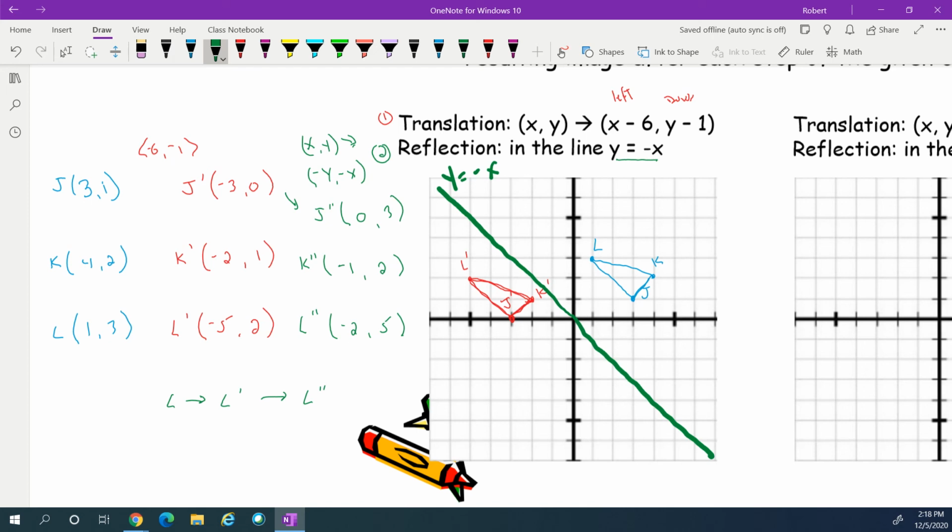And now we can go ahead and graph this. We have 0, 3 for J double prime, -1, 2 for K double prime. And L double prime is at -2, 5.